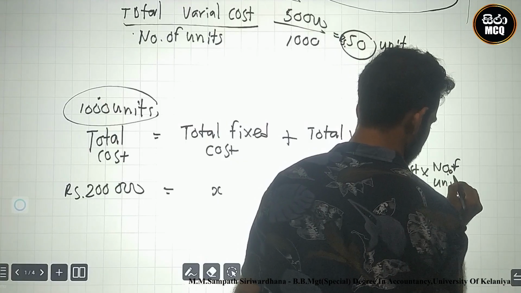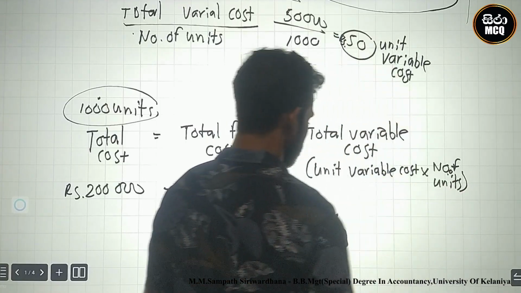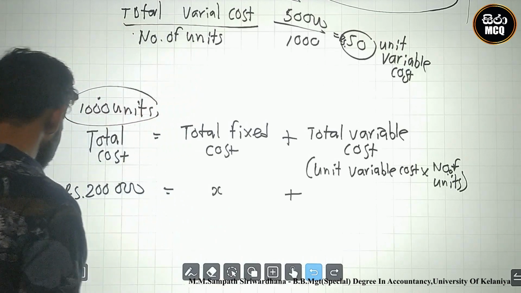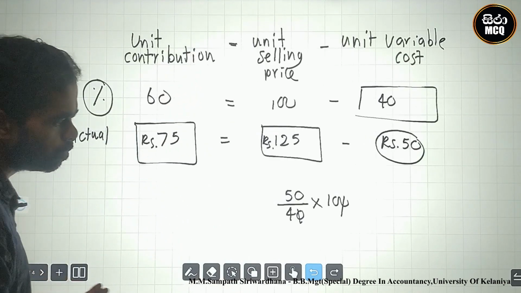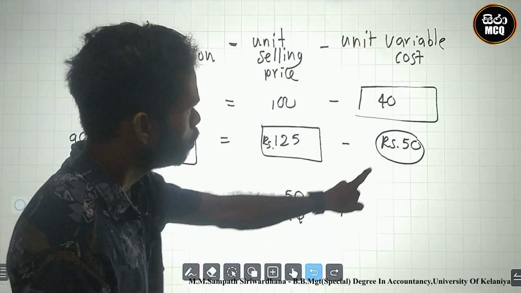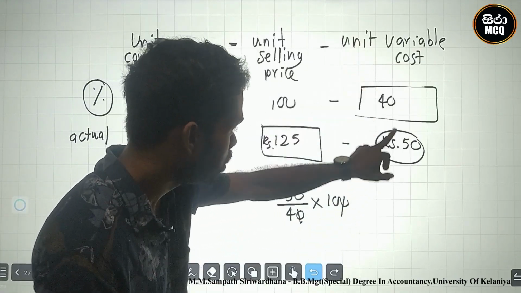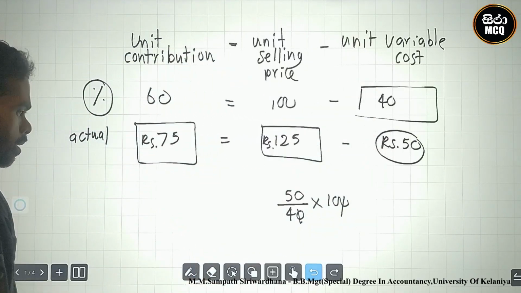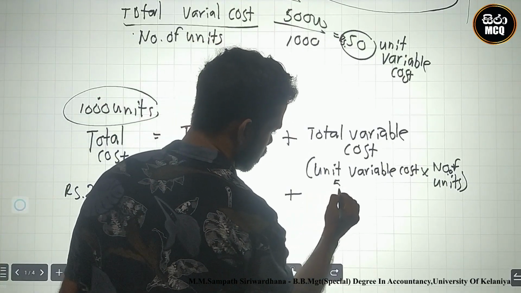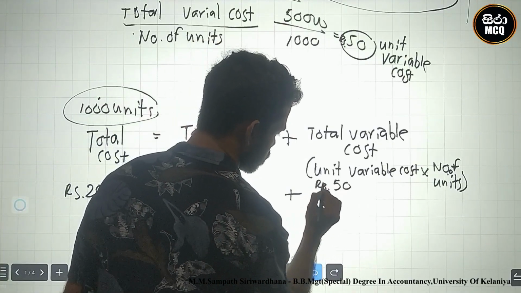Unit variable cost we found, what is that? Unit variable cost is rupees 50.